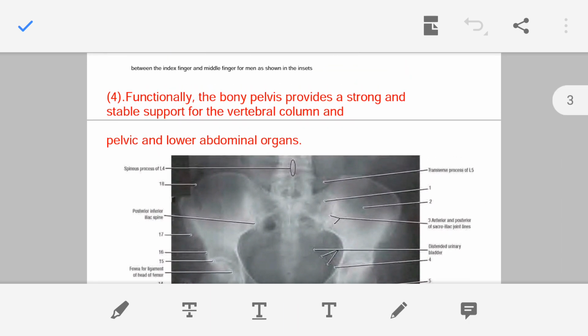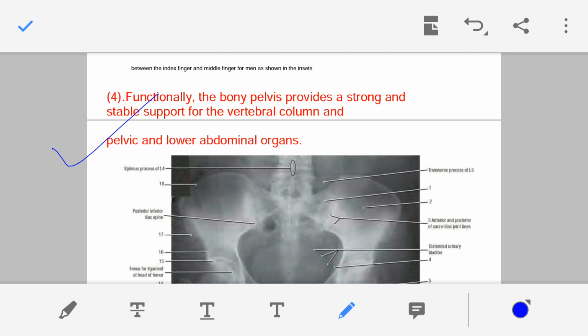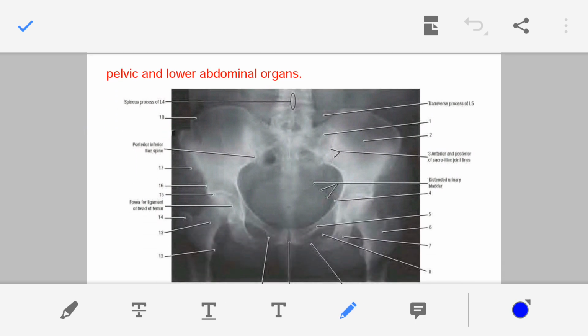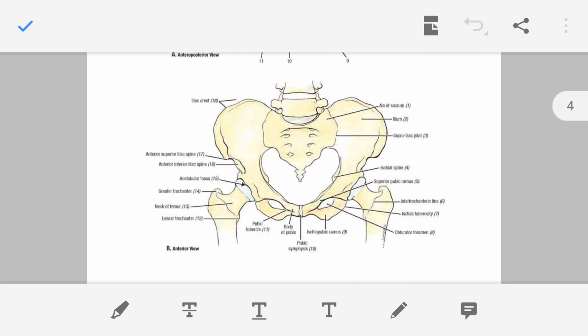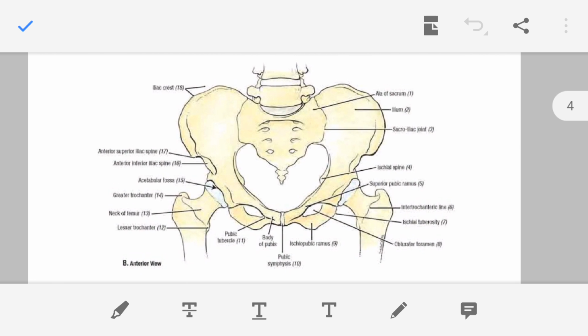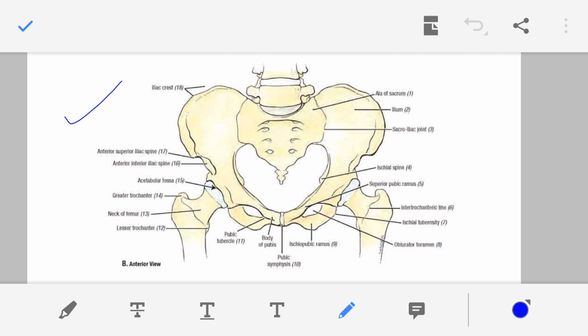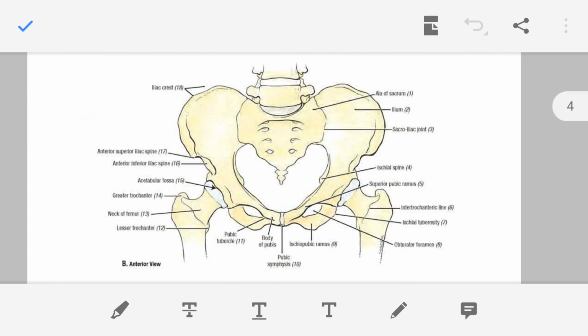So that is the meaning of this fourth point. This is the theory point, and this one is the figure. This is also a good figure. Now please go through all the names, try to remember all the names. All the names are important.